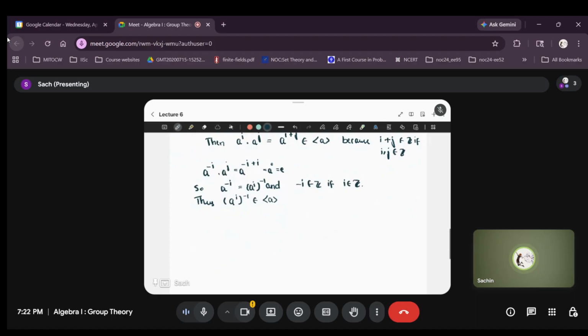So it is a subgroup of whatever group A is from.